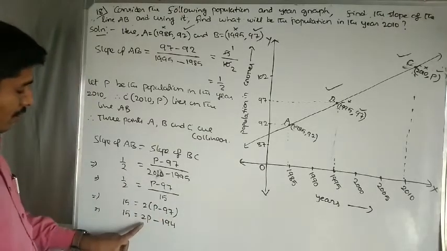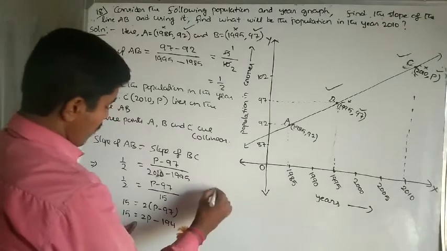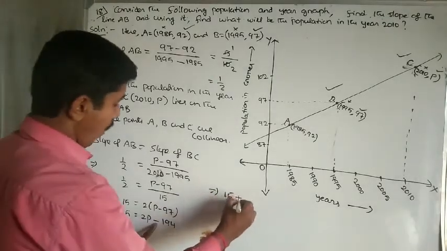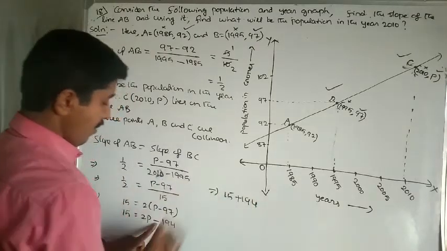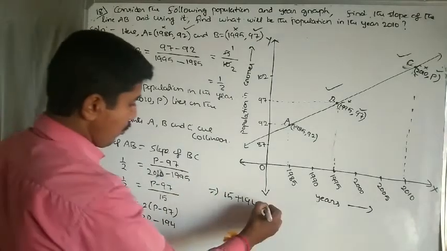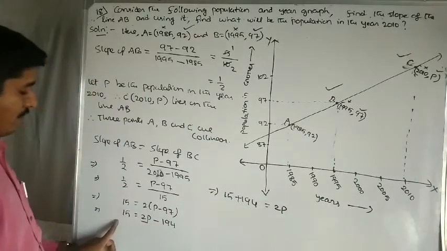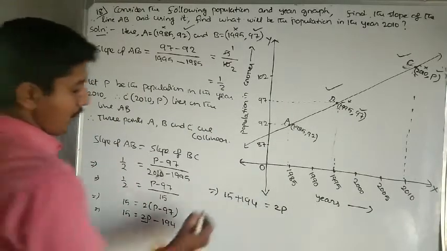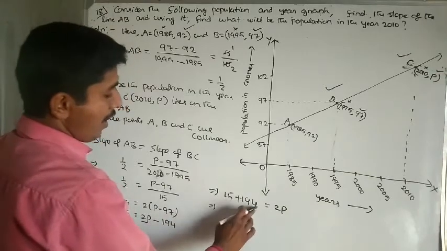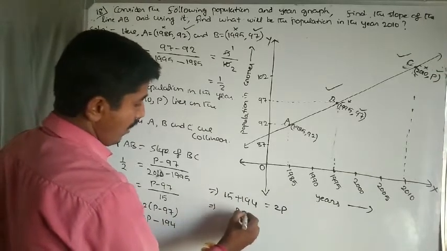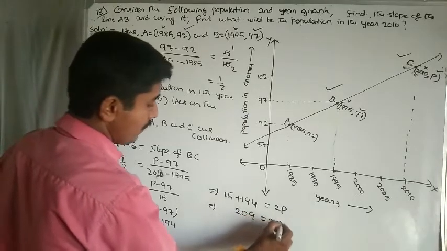Correct. So taking 15 to the right side, 194 plus 15 equals 2P. 2P stays as it is, and on the other side minus becomes plus, so 194 plus 15. 209 equals 2P.